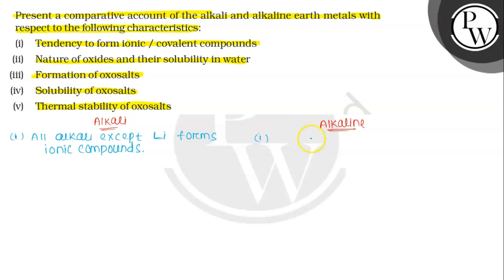In the case of alkaline earth metals also, all alkaline earth metals except beryllium form ionic compounds. The reason is the same for beryllium: as beryllium has a small size, it forms covalent compounds instead of ionic compounds. So this is the first point.